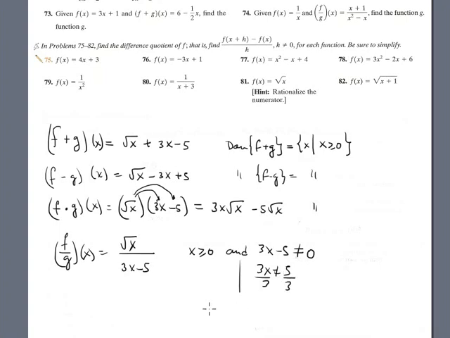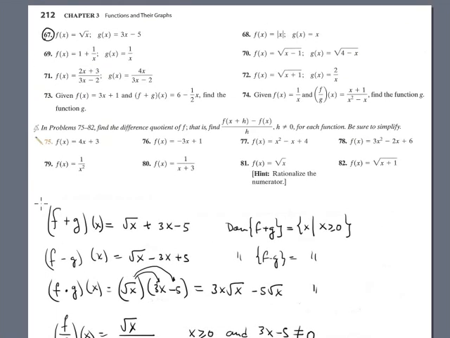Now the domain of the division f divided by g is all real numbers that satisfy two conditions: x must be greater than or equal to 0, and also x must be different to 5 over 3. Okay, that was the question 67.